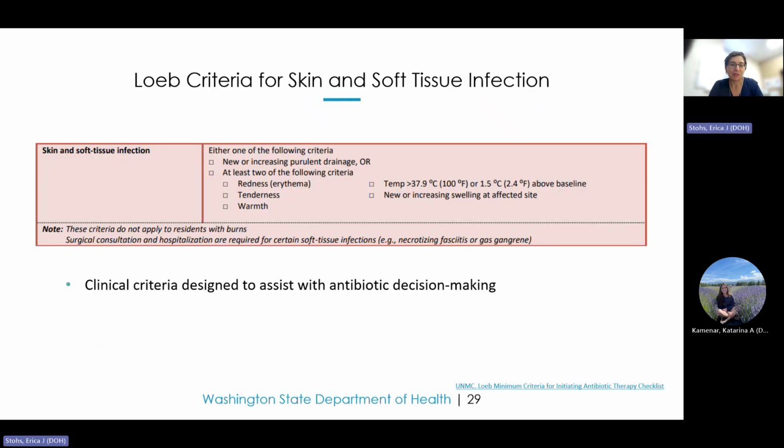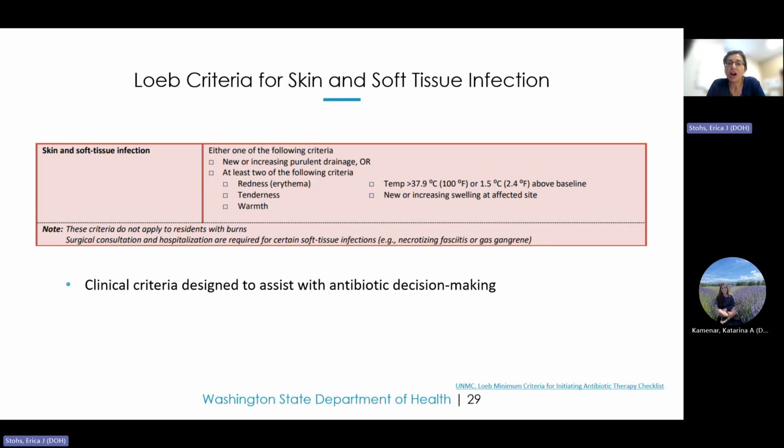As I was alluding to earlier, there are Loeb criteria for skin and soft tissue infections, and those are listed here. You need to have one of the following criteria: either new or increasing purulent drainage, i.e. a Staph aureus infection, or at least two of the following. And that's the classic redness, tenderness, warmth, new or increased swelling.